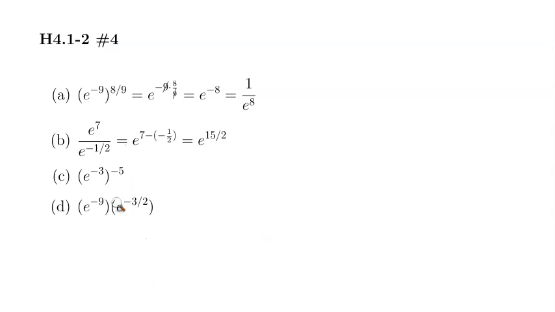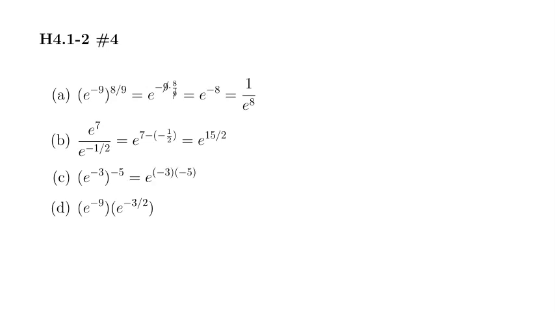This is actually the same deal as part A. Since you're raising the exponential expression to another power, we just multiply these powers. So we multiply negative 3 and negative 5 together.